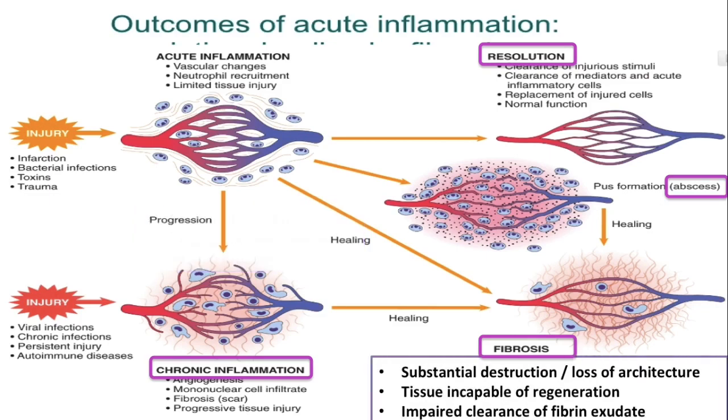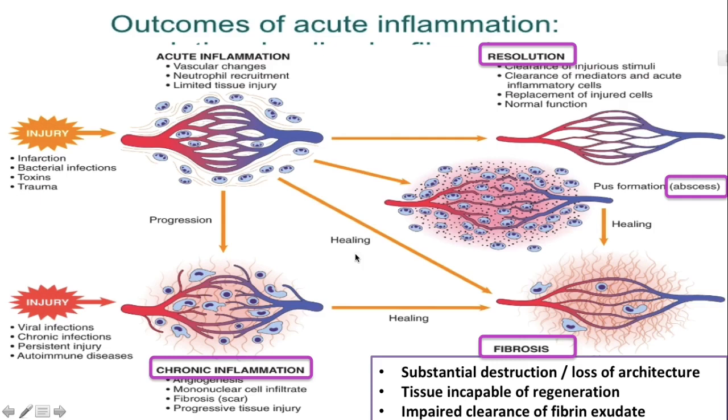In terms of fibrosis, fibrosis will occur if there is substantial destruction or loss of architecture. This can be a direct effect of that acute inflammation, or abscess formation that tends to also damage the architecture. So if there is substantial destruction of the architecture, then healing will be by fibrosis.